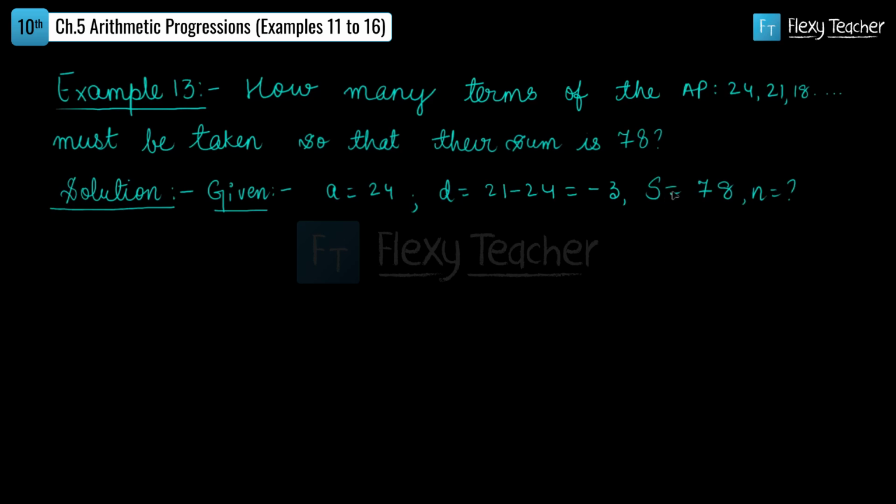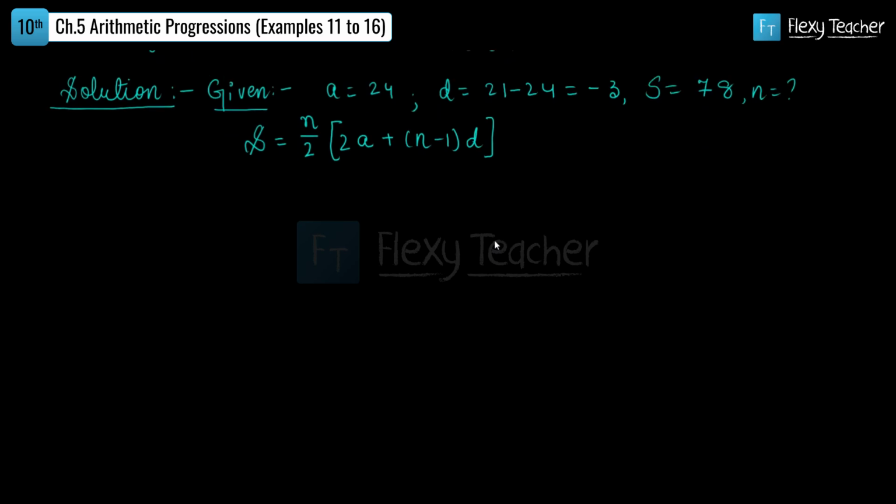Okay. So, straight away we have to put the formula over here and the formula is S, that is the sum, is equal to n upon 2 into 2a plus n minus 1 into D bracket closed. Okay. So, S is 78 is equal to n is not known to us. It will remain n into 2 into a.